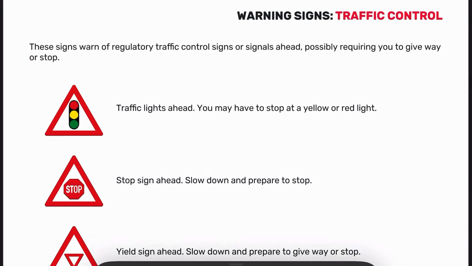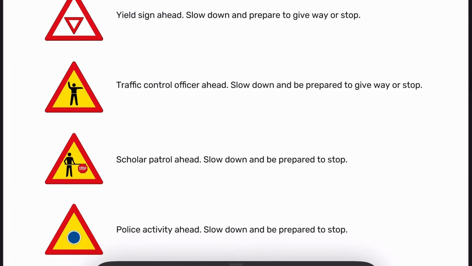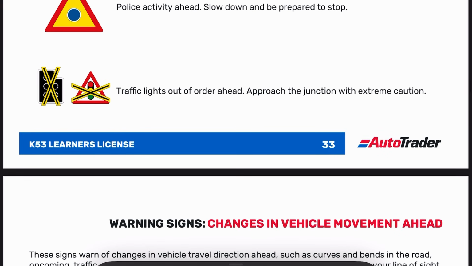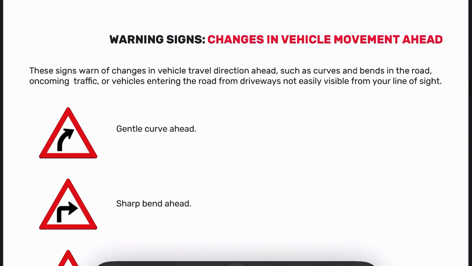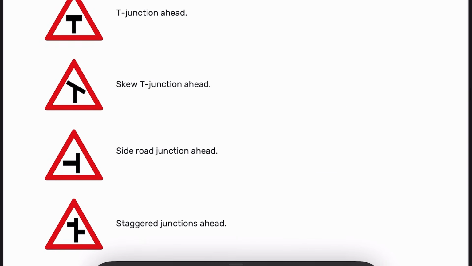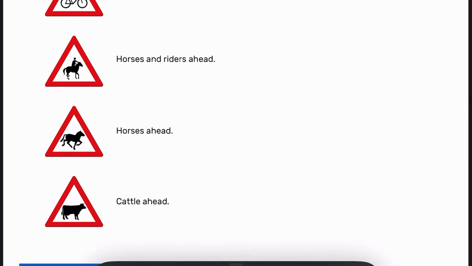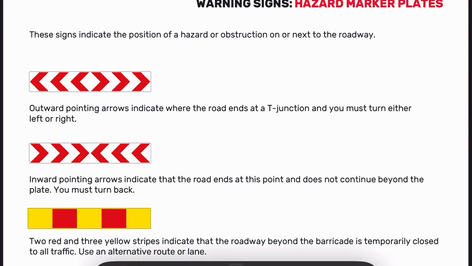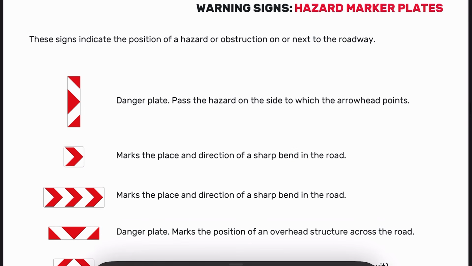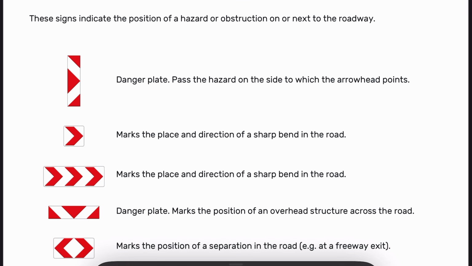Remember, guys, yellow signs are temporary. Any yellow sign is a temporary sign. And temporary signs carry the same significance as permanent signs. Right. So what I need you to maybe look at would be this. Okay, this one. These are hazards, guys. There's a danger plate.